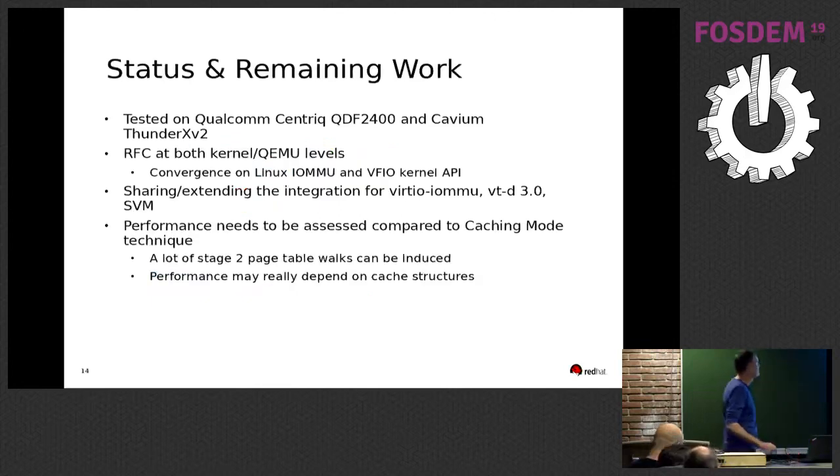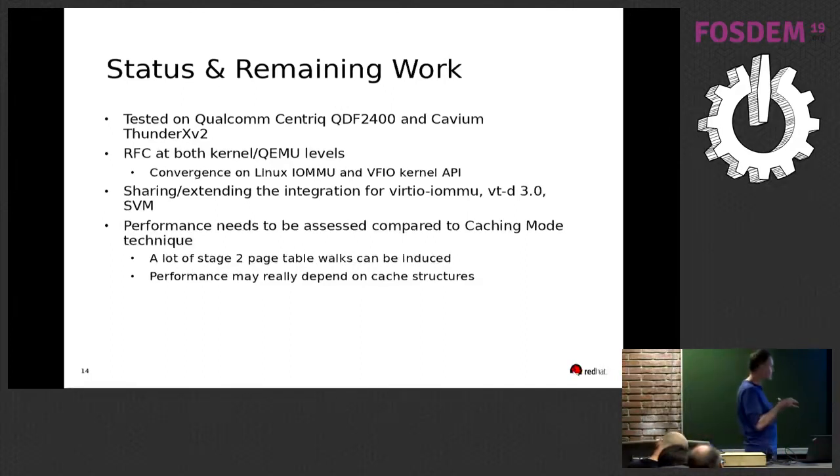So what is the current status? It has been tested on 2 new generation platforms for ARM servers, the Qualcomm and Cavium platforms. It's still at the RFC state at both kernel and QEMU levels.